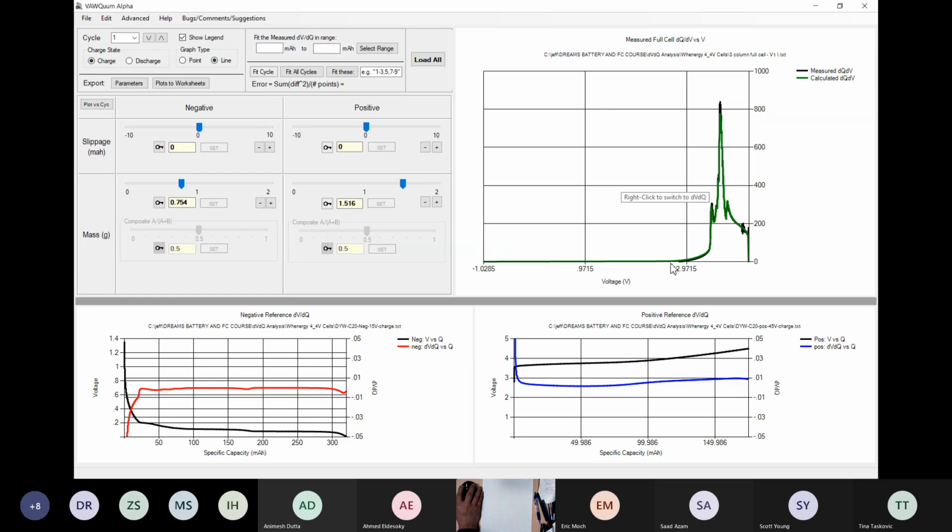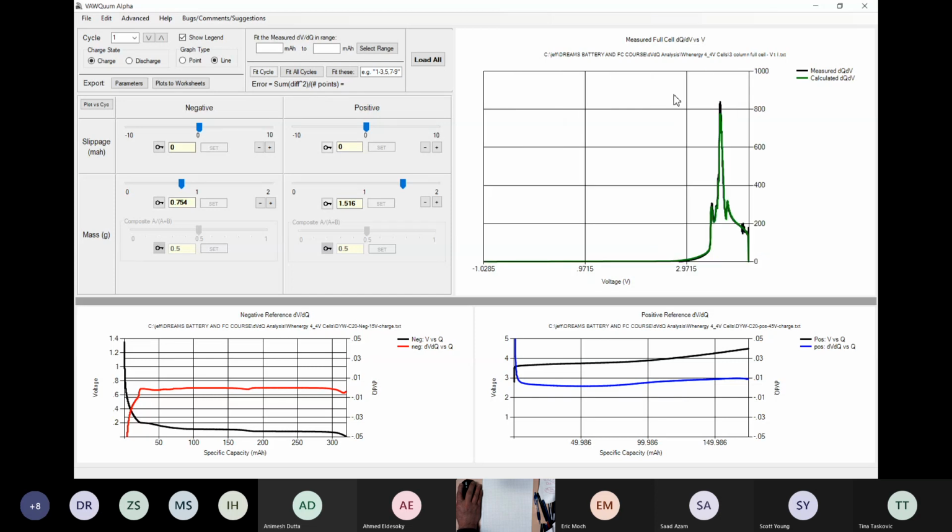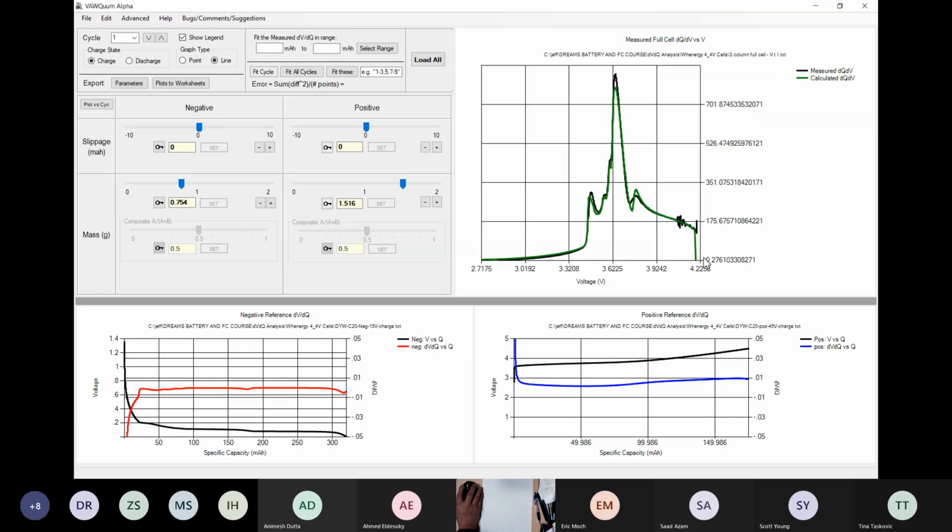And you can zoom. And you can see that the measured and calculated differential capacity versus voltage match up pretty well too.